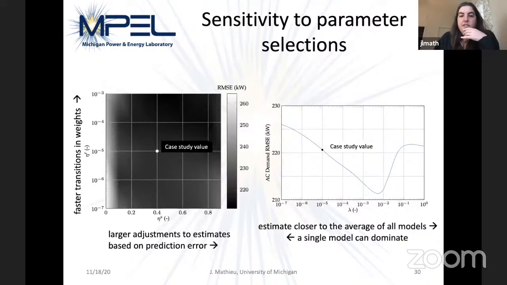And this is just to say that the algorithm also requires the choice of different types of parameters. Different parameters basically tune how much you're trying to weight the average performance of the models versus the specific performance of individual models and so forth. Our case study is using values that are shown here and here, but we basically tried to explore the full range of different values you could set for these parameters, eta, S, and lambda, which were in the DMD and DFS algorithms.